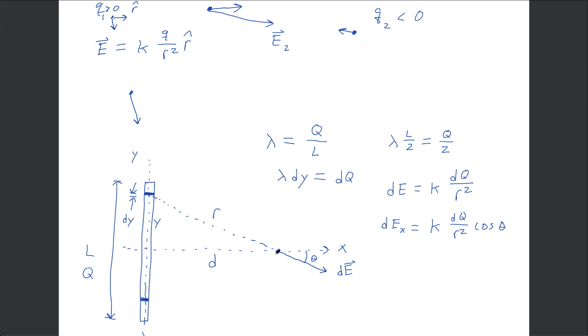Little r is the same as well. So the magnitude of the electric field that it produces is going to be identical: k dq over the same r squared. And then, because of the symmetry, the angle is going to be the same too. So we're going to have a little contribution to the electric field that looks just like this from this point down here.